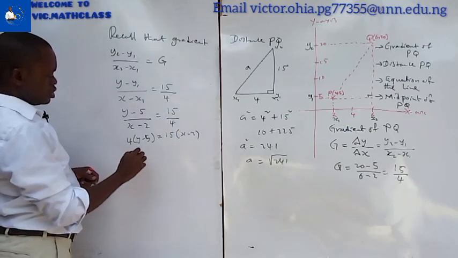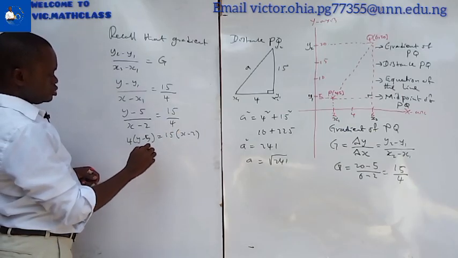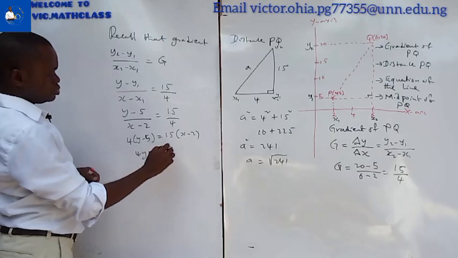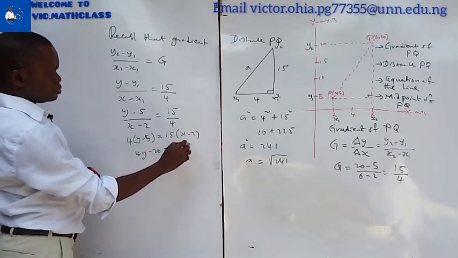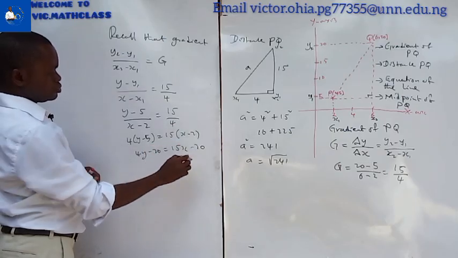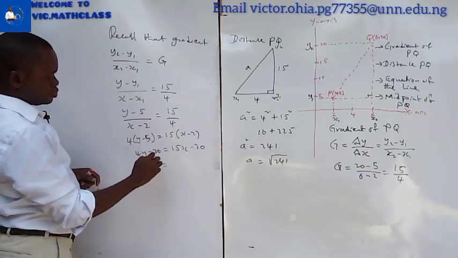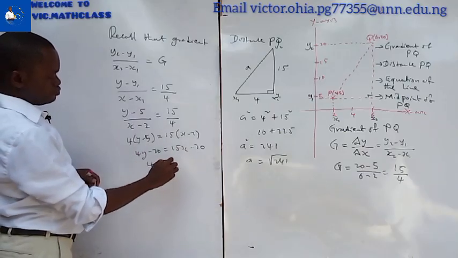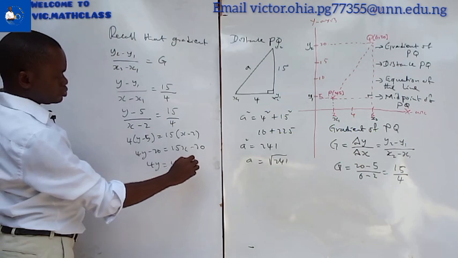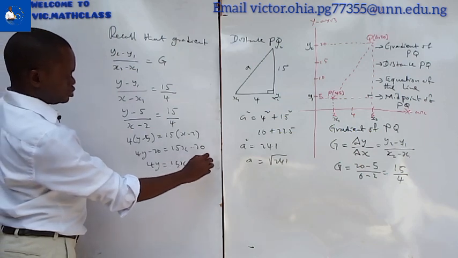So I'll have 4y minus 20 equals 15x minus 30. So you realize that this 4y equals, let this go over here, I will have 15x minus 30 plus 20.